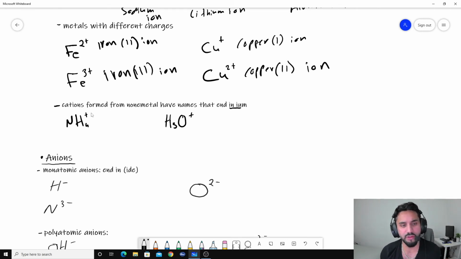For example, the way we name nonmetals that make cations, their name ends in IUM. So, for example, here we have a molecule called the ammonium ion.